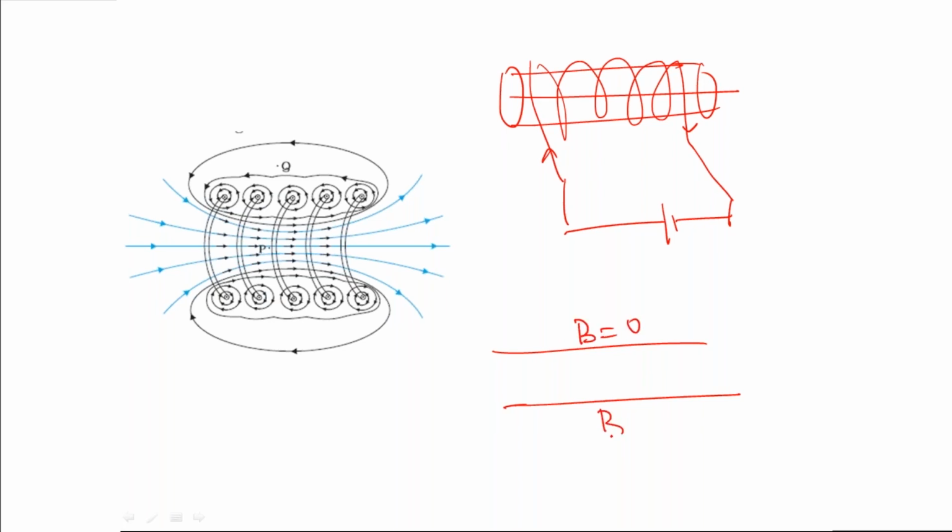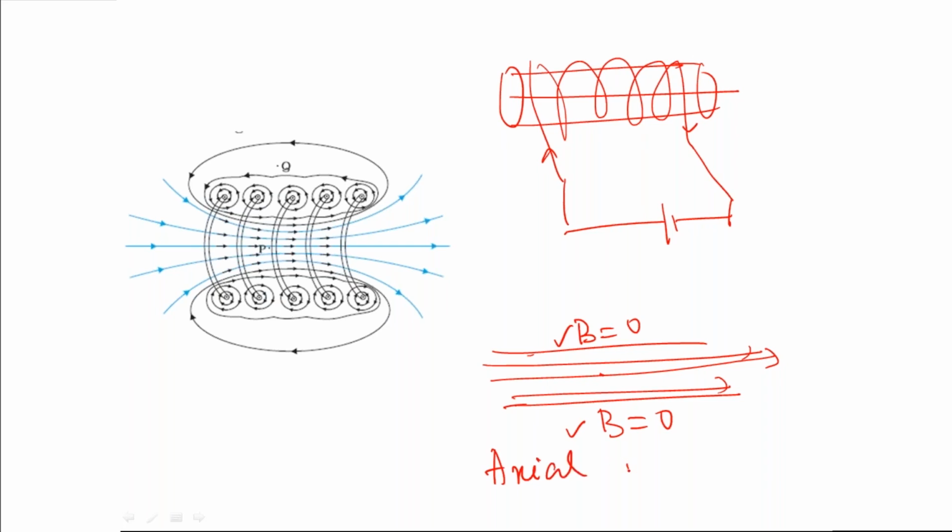Only the magnetic field in the direction of the axis remains, in the interior space alone. This is called the axial magnetic field.